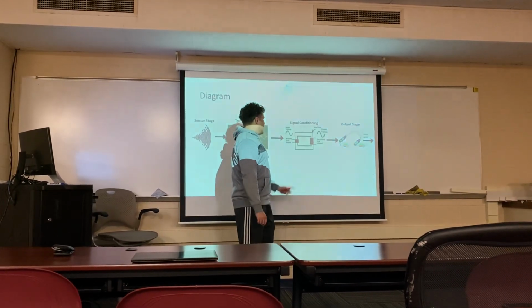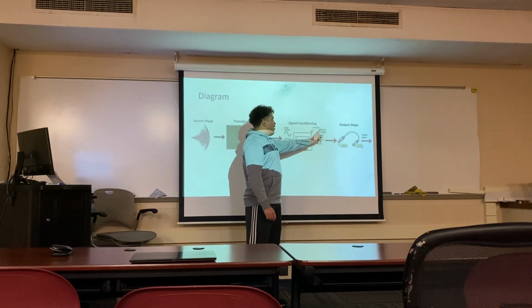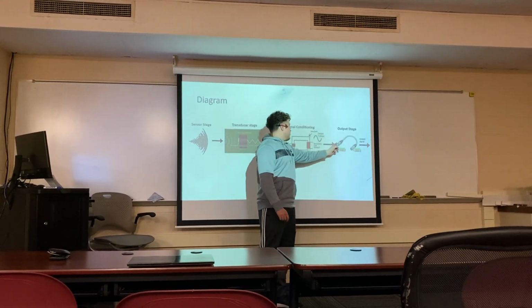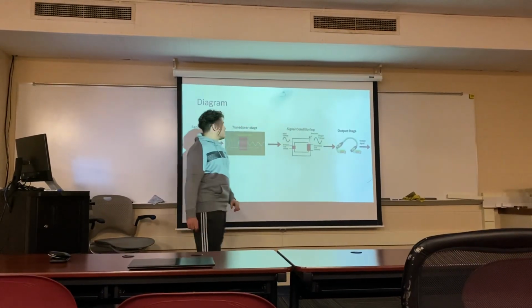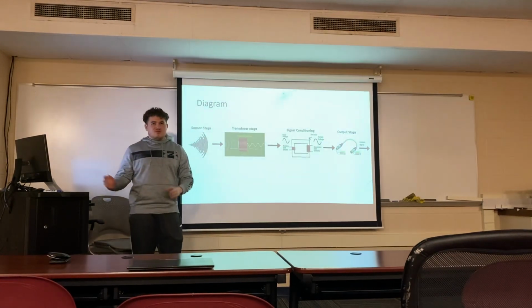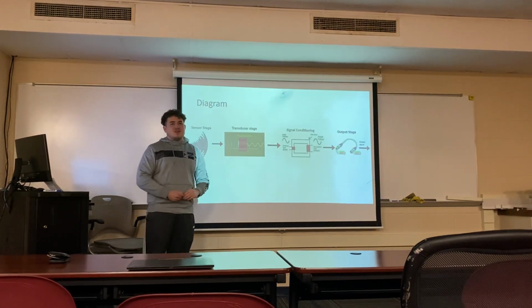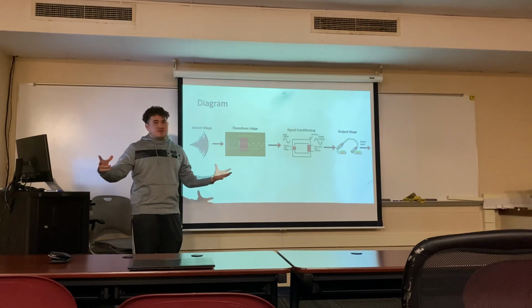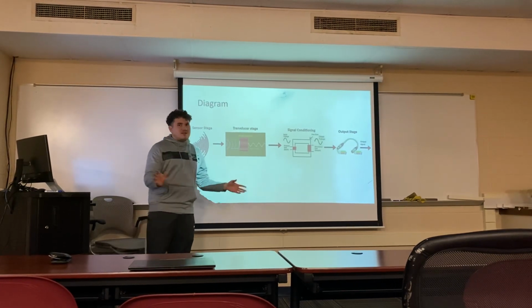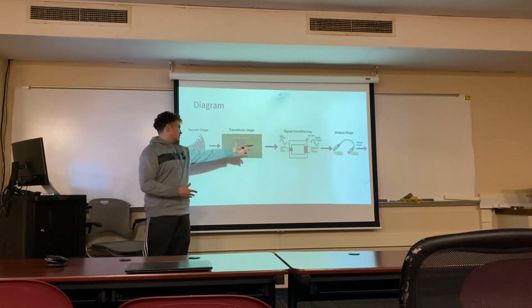And then your output stage, your much stronger output signal goes through your 3-pin XLR straight into whatever you're outputting it to, which can be a speaker, or your computer so you could record it. It could be any electrical device that takes that type of output.